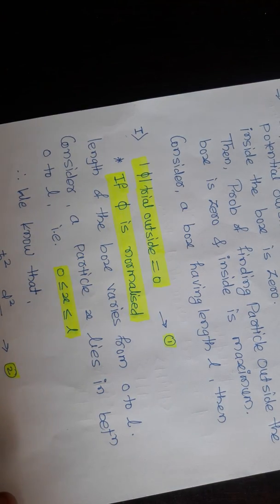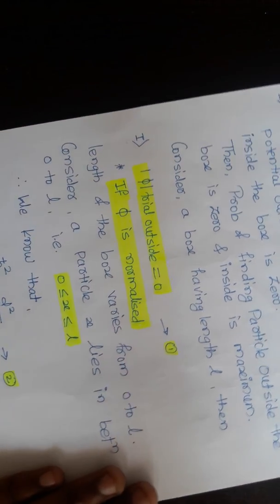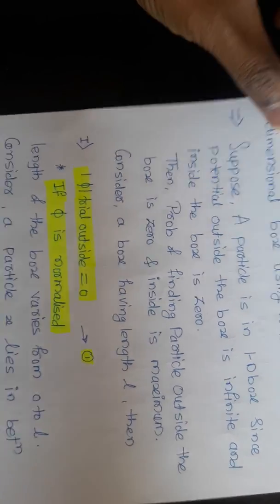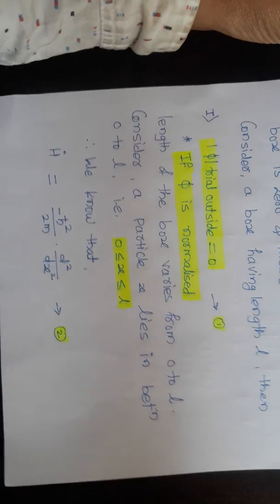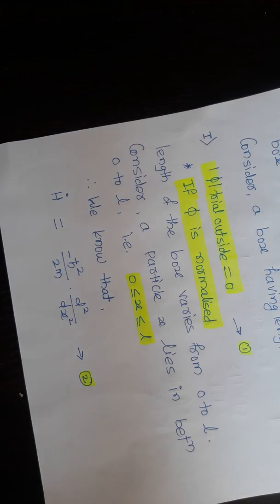That is, 0 is less than or equal to x, which is less than or equal to L. Now, as we know, the Hamiltonian operator is equal to minus h cross square upon twice m into d square by dx square.